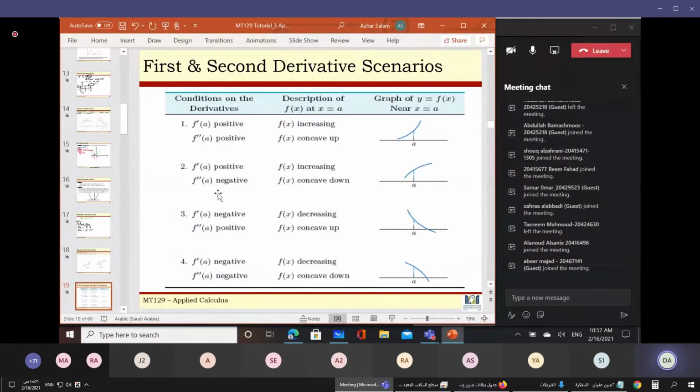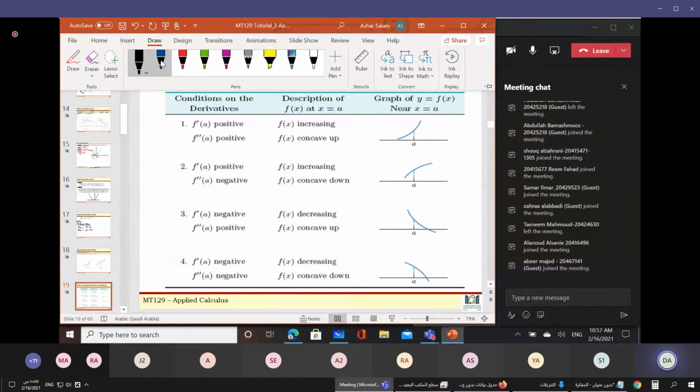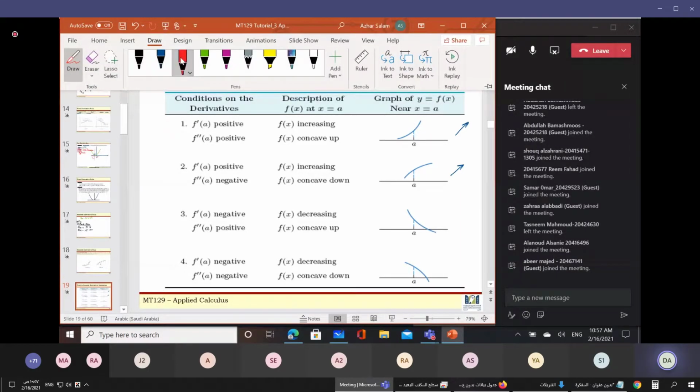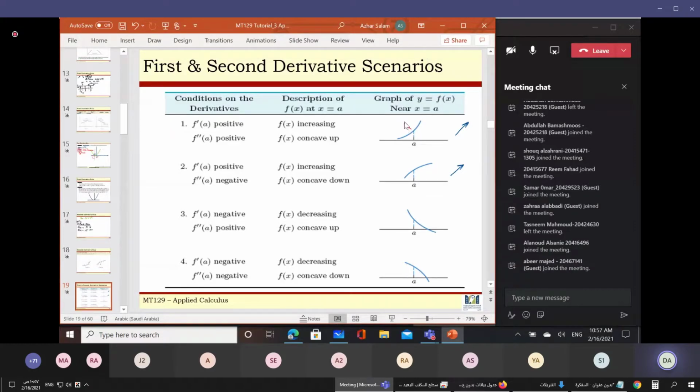These are all the possibilities for both increasing and decreasing functions and concavity, which is concave up and concave down. The first possibility: both graphs are increasing, but the difference is the concavity. This one is concave up and this one is concave down.